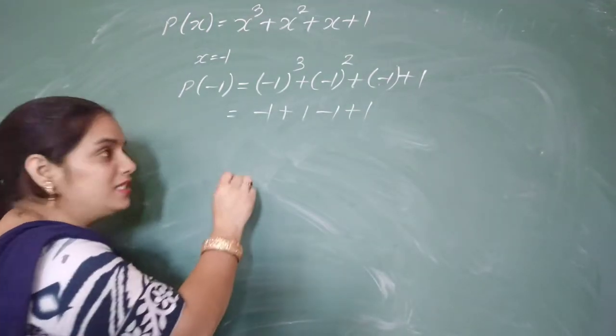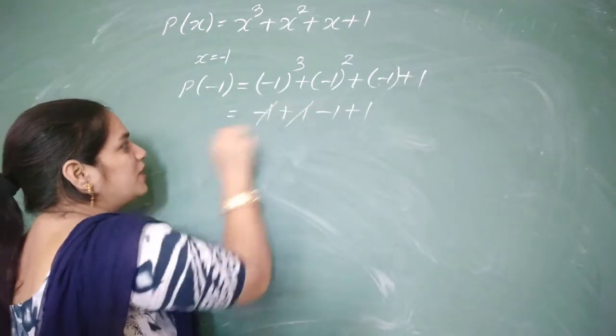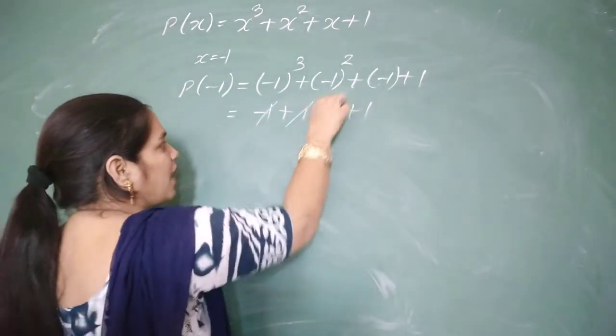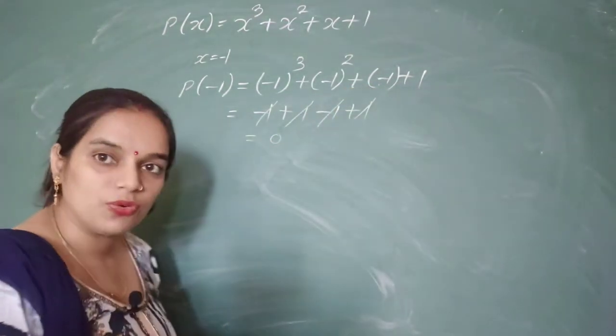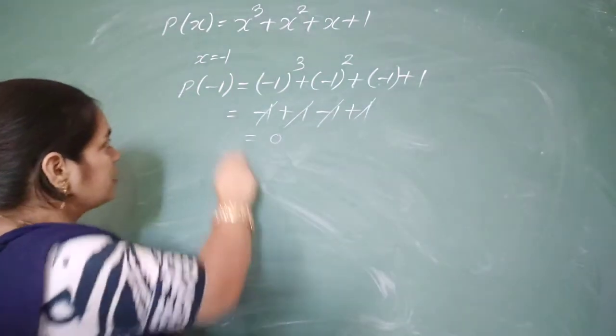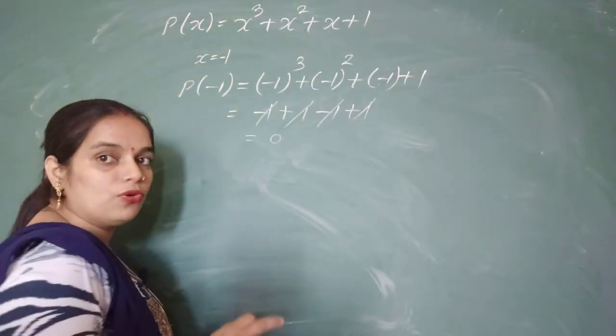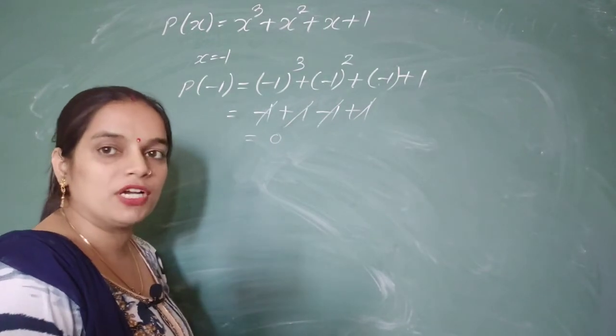We can easily see here -1 will be cancelled out by +1, -1 will be cancelled out by +1 and the result becomes 0. Thus, at x is equal to -1, our polynomial becomes 0.